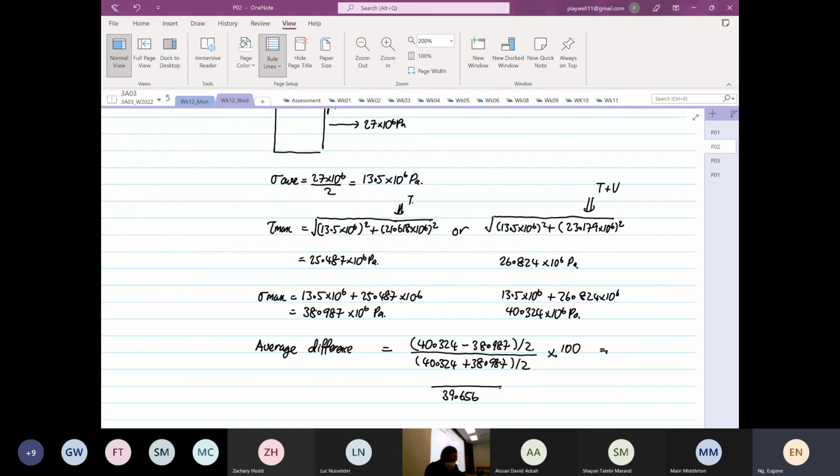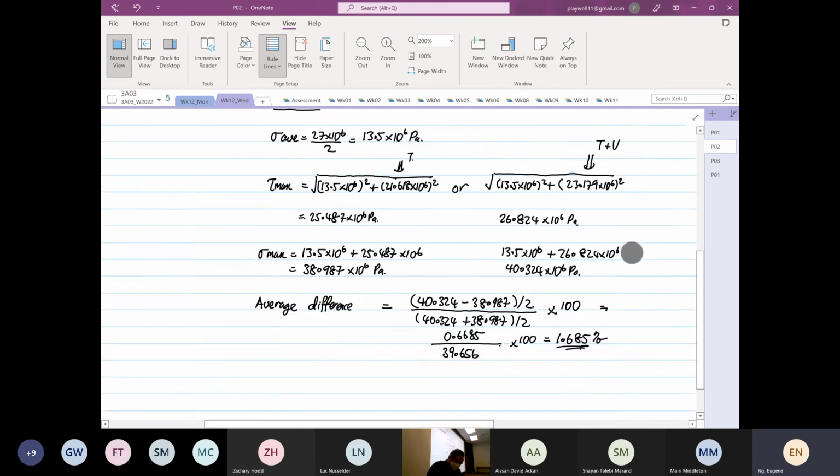My calculator is not behaving, or is the user. 0.6685 times 100. Okay, so 0.6685 divided by 39.656 times 100. The difference is 1.685%.